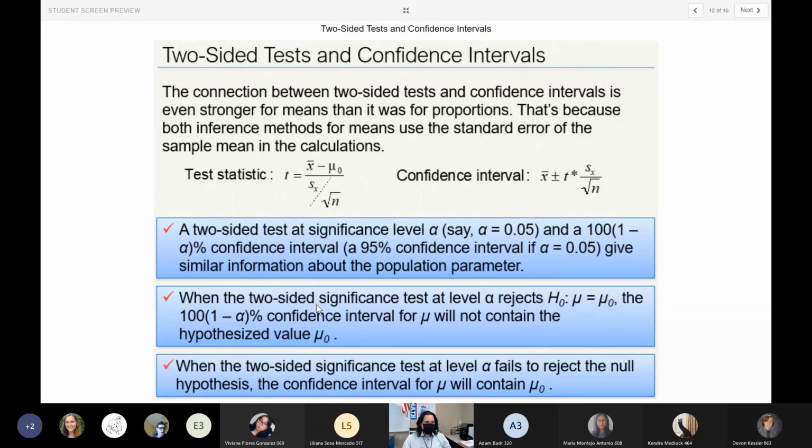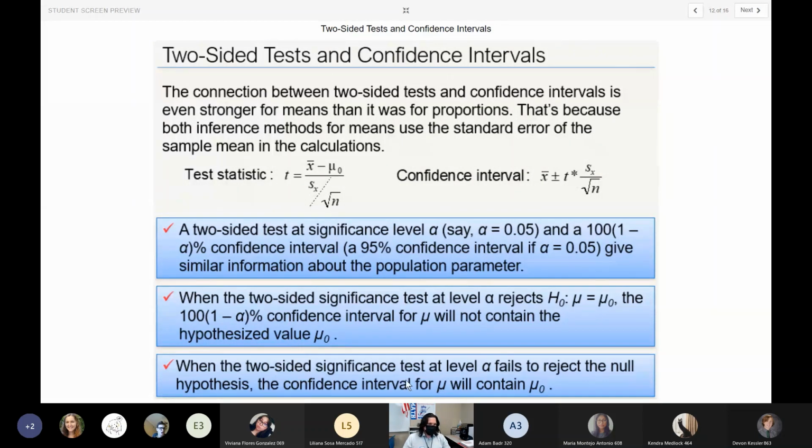When the two-sided significance test at level alpha rejects the null hypothesis, the 100 times 1 minus alpha % confidence interval for mu will not contain the hypothesized value mu sub 0. Right, so essentially, the confidence interval will not have the hypothesized value. So if we reject the null hypothesis at the significance level of alpha equaling 0.05, that means that if we constructed the confidence interval at a 95% confidence level, mu sub 0 would not be in that confidence interval.